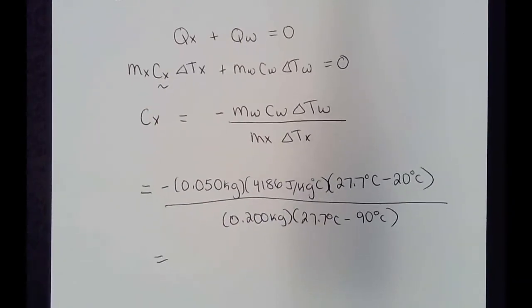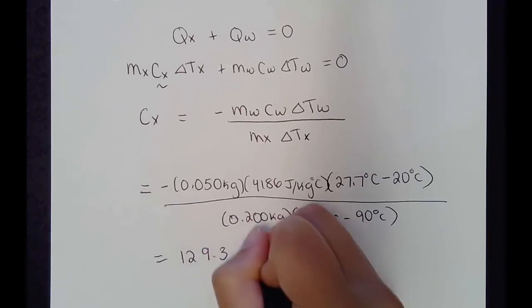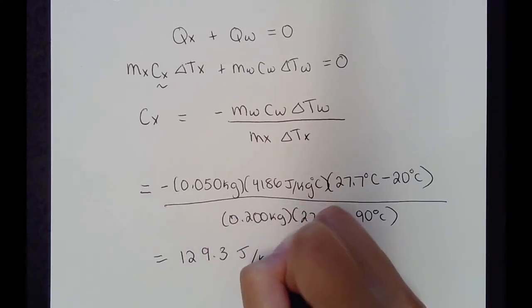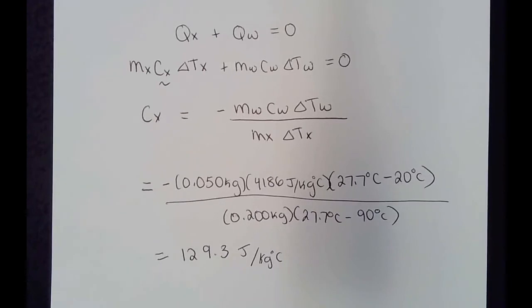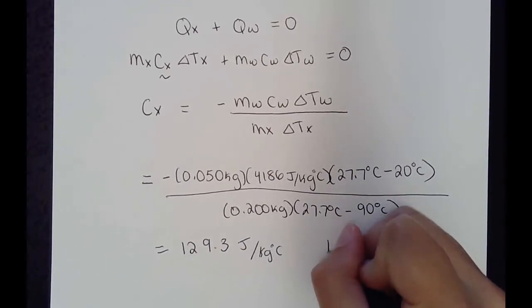Okay, and then calculating that, I get 129.3 joules per kilogram degree Celsius. And if you check with the table of specific heats, you'll see that this looks like it might be lead.